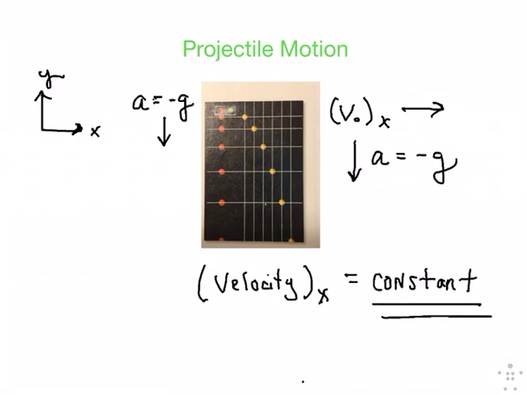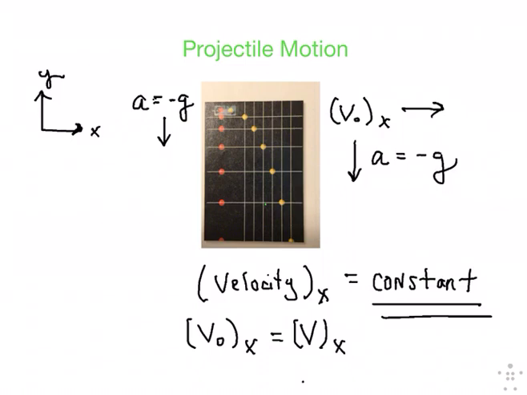This is really important. In projectile motion, the velocity in the x direction is constant. So our initial velocity, v sub 0x, must equal our final velocity in the x direction.